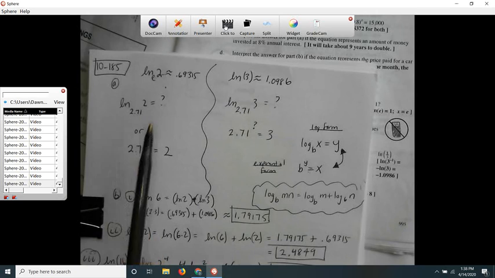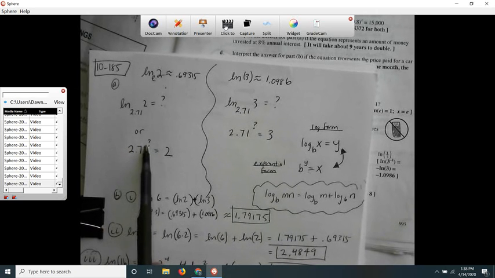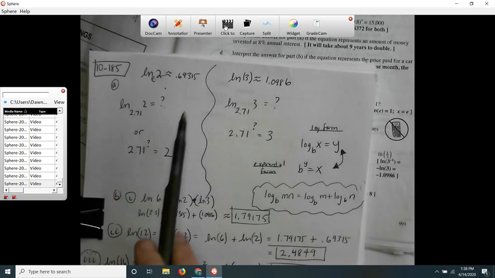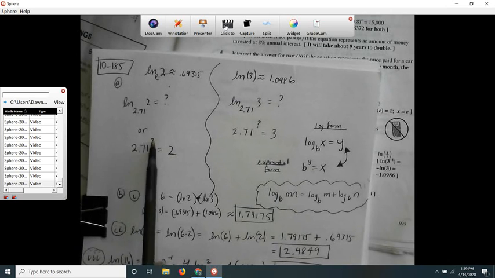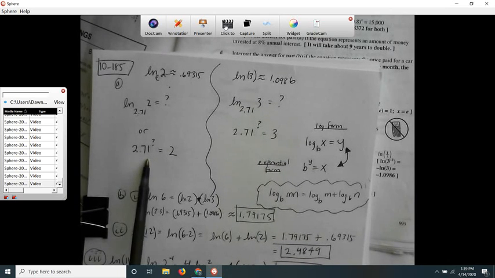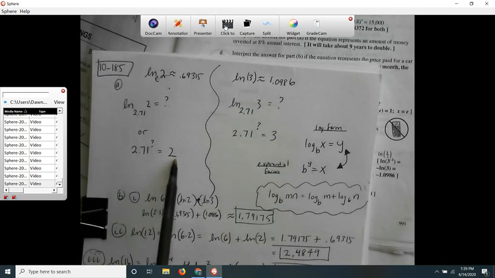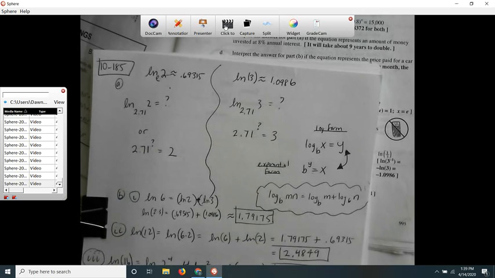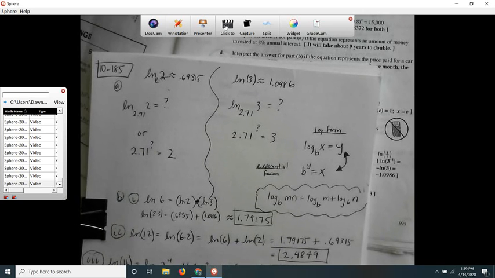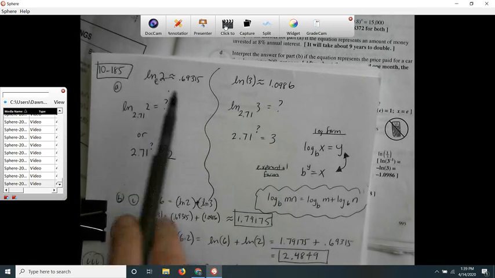So 2.71 raised to what equals 2? Even though we know it's 0.69, think about what you're doing when you raise something to a power. If this were raised to the first power, it would be 2.71, but that's too big. It has to be raised to a power less than 1 for it to just equal 2.